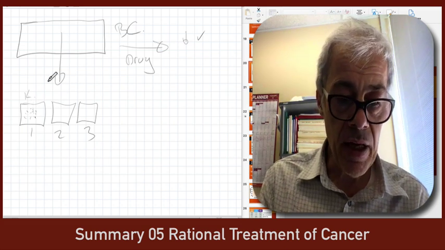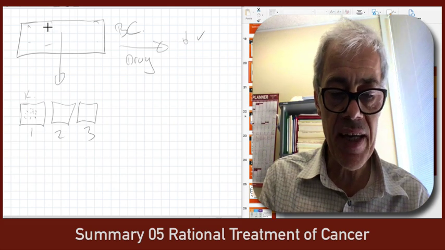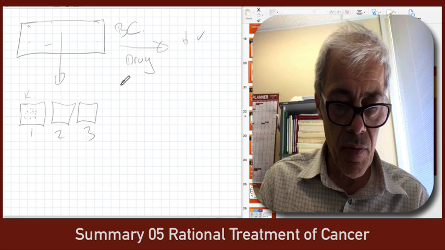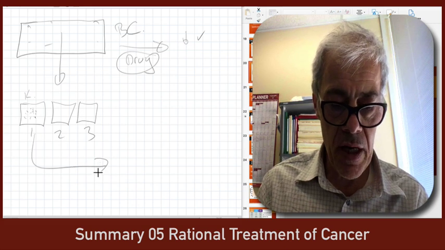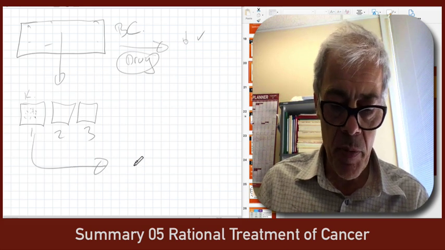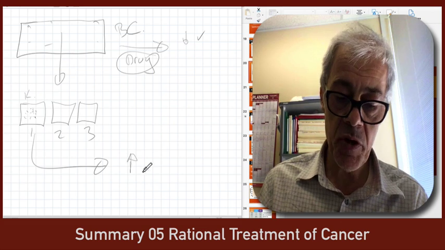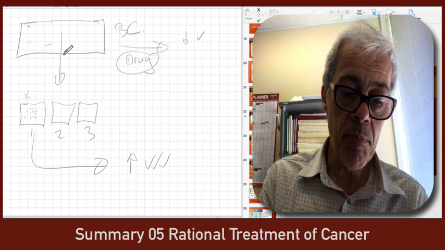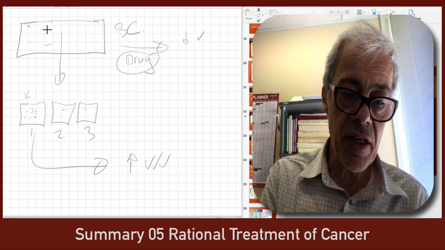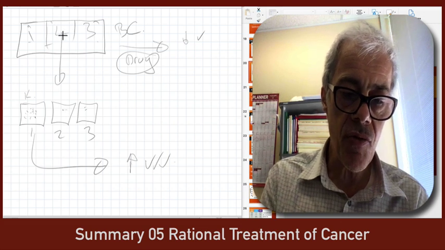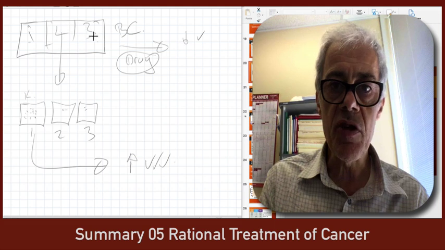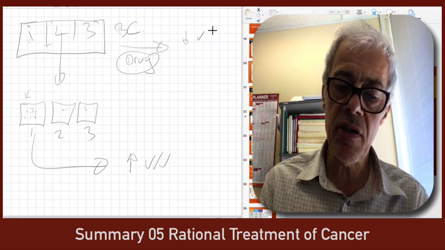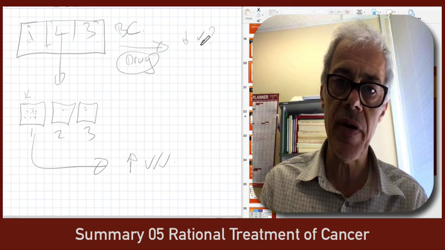Whereas in this population, it was scattered. So if you treat this population with the same drug, you might get a high response rate, which means it's a really good drug. But that high response rate was masked by these populations in here. Because these are not responsive, it masks the fact that this population was responsive. So you go, I'm not quite sure whether that drug is effective or not.